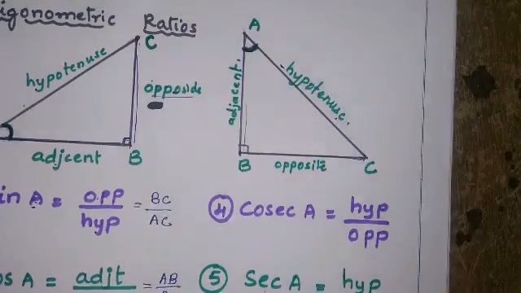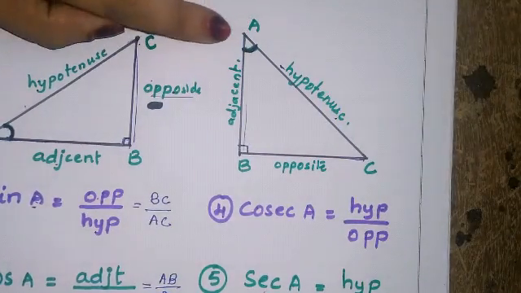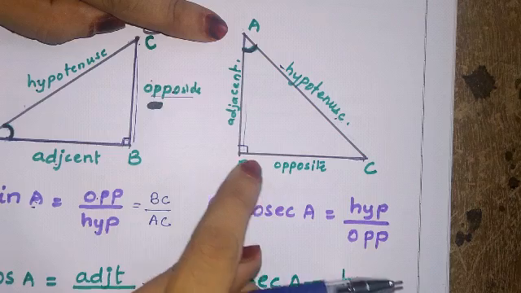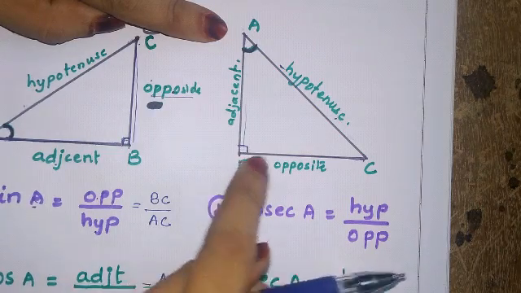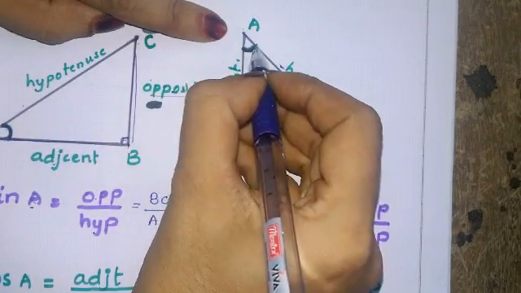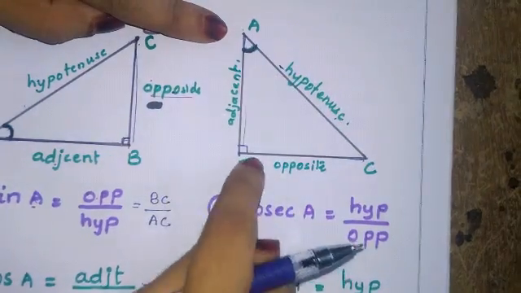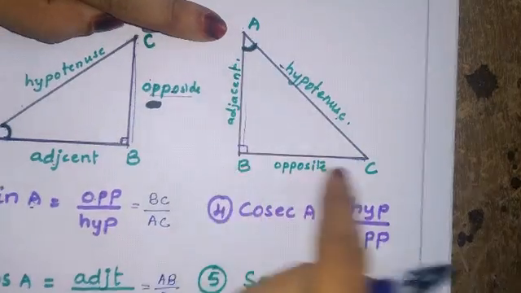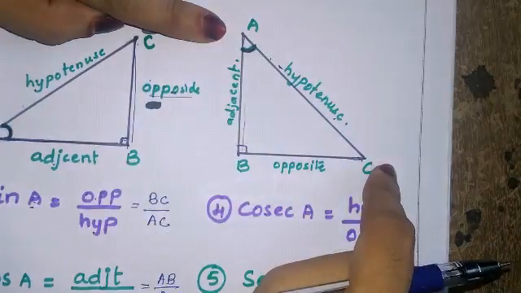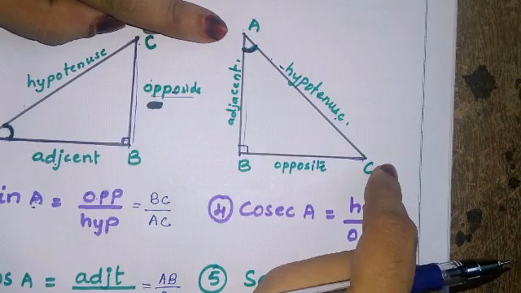In the same way, let us focus on this triangle. I have told you, sine is opposite upon hypotenuse. If the angle is above, then sine will be opposite upon hypotenuse only, that is BC upon AC.